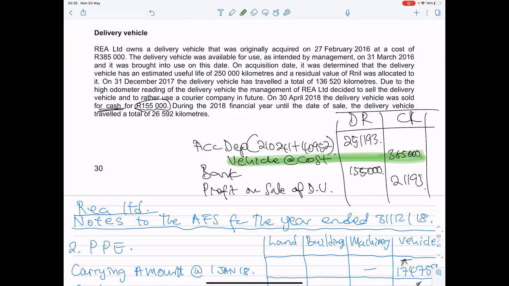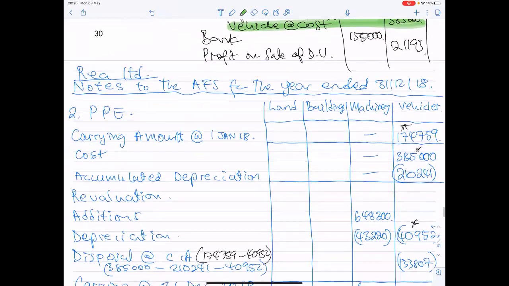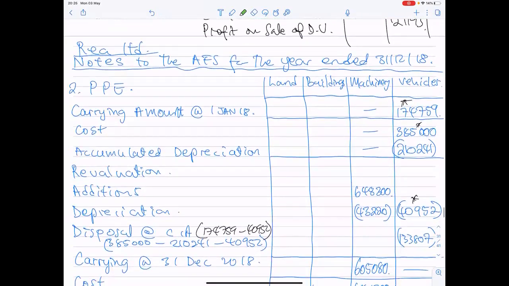So we are just separating the two accounts.